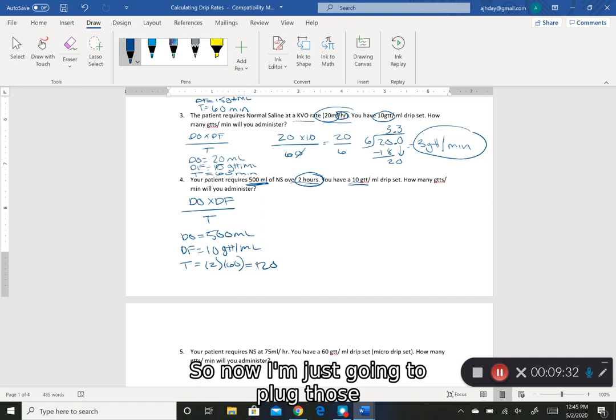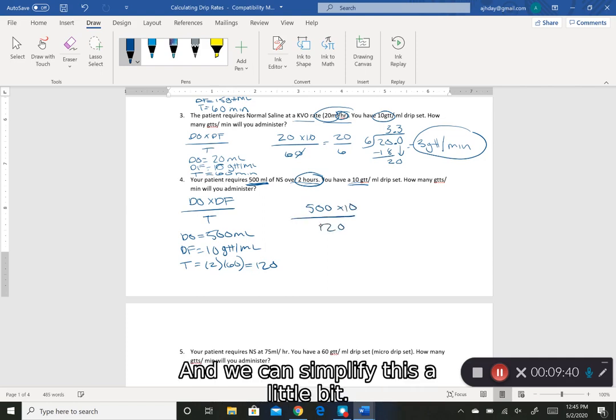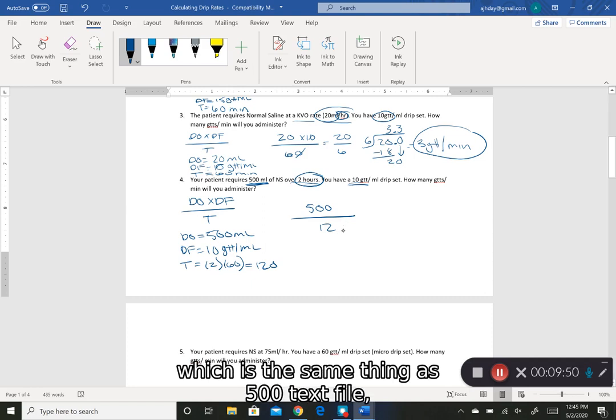So now I'm going to plug those numbers into my equation. 500 times 10 over 120. And we can simplify this a little bit. So I have 500 times 1 over 12, which is the same thing as 500 over 12, because 500 times 1 is 500.